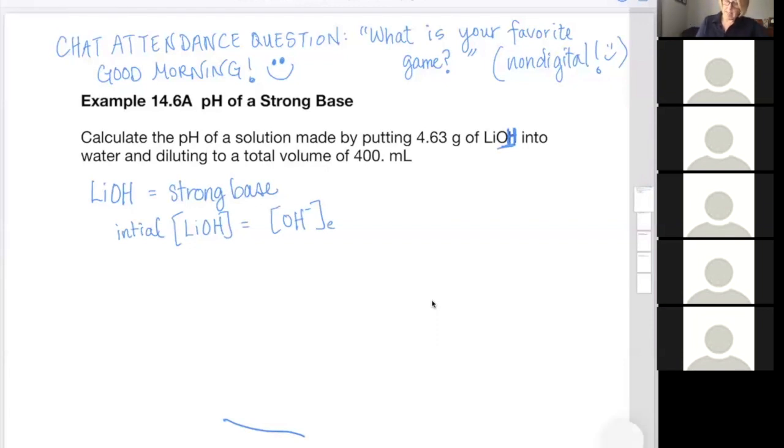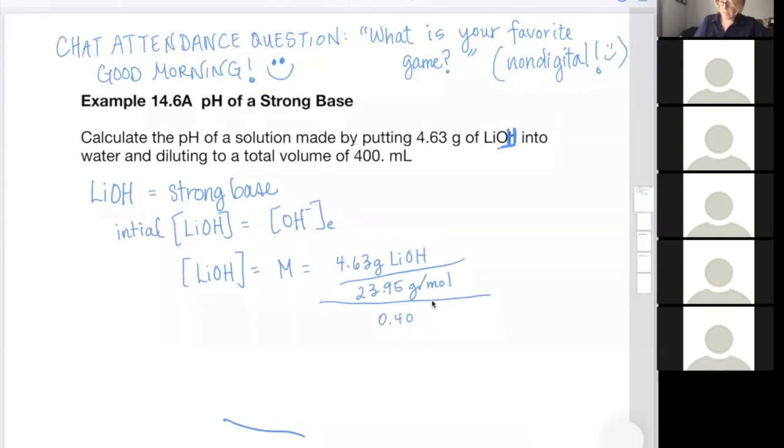So in this case, we have mass and volume, so we have to calculate the concentration of the lithium hydroxide. So LiOH, the molarity or the concentration, remember, is moles per liter. So 4.63 grams of LiOH divided by its molar mass, 23.95 grams per mole, and then divide that by the 0.4 liters.